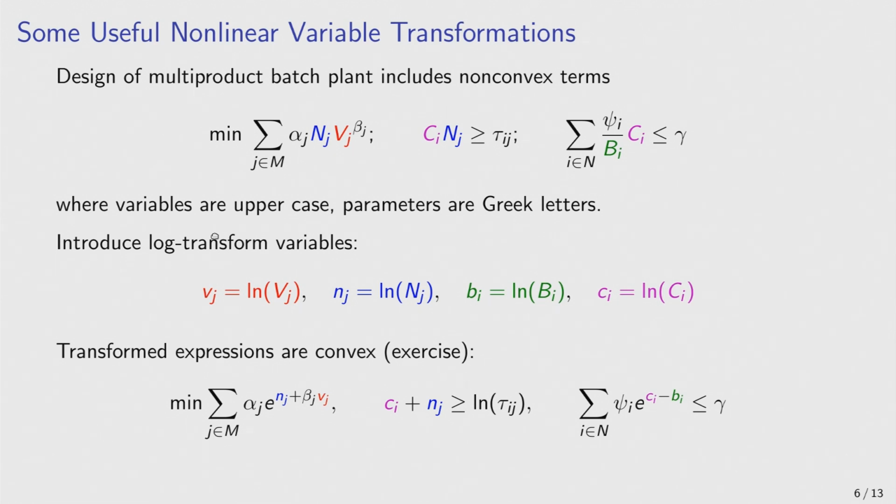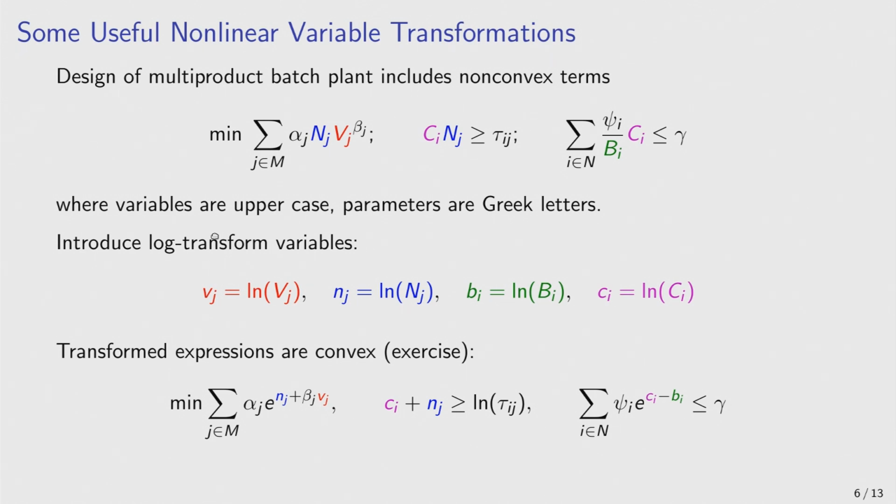But in this case, it turns out you can transform the variables. So instead of looking at the variable v_j, you look at the little v_j, which is the logarithm of v_j. And similar for n, b, and c. So you transform all your variables using this logarithmic transformation. And then you need to remember your high school math, which is not always easy.